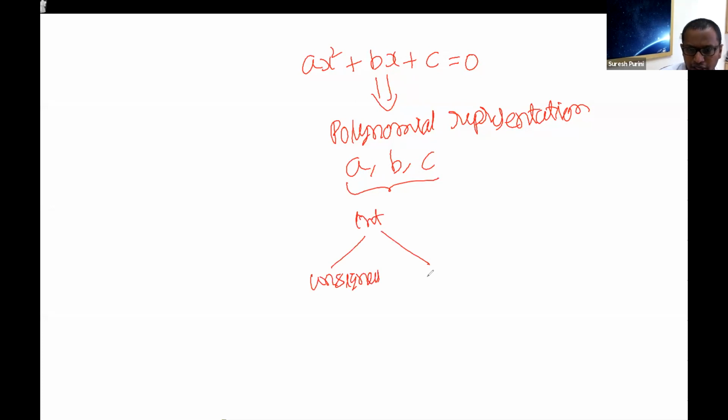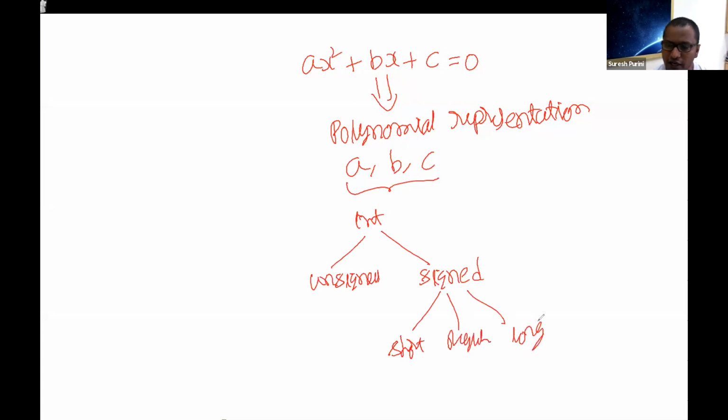representation or signed integer representation. There are three kinds of int: there is a short int, there is a regular int, and there is a long int, for example. So which one should we use?